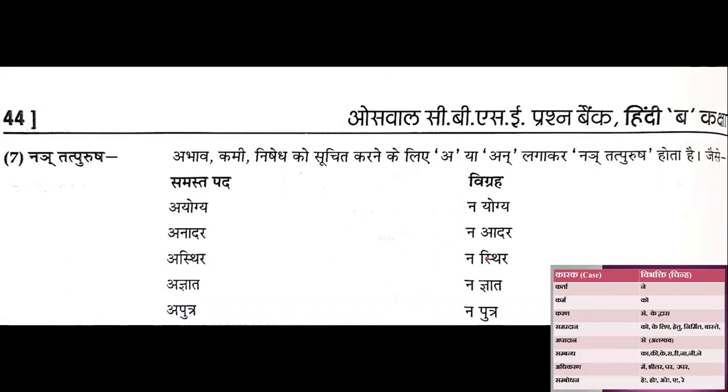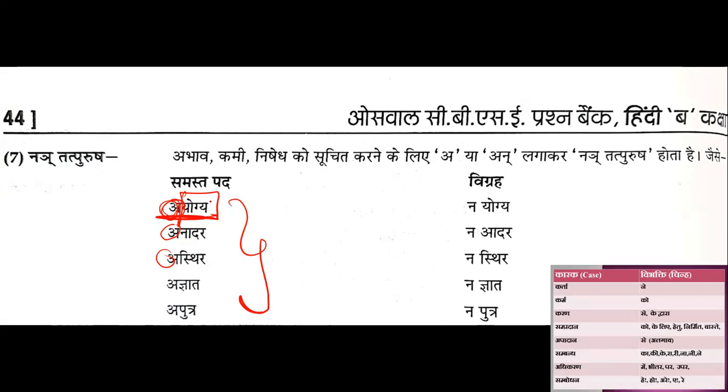This is Nagn Tatpurush. In Nagn Tatpurush: ayogya, anadar, asthir, agyat, aputra. So you can see a added to a word that makes more sense. For instance, a and yogya. Yogya means eligible. When you add a in these cases in particular, you are referring to the opposite of the word.